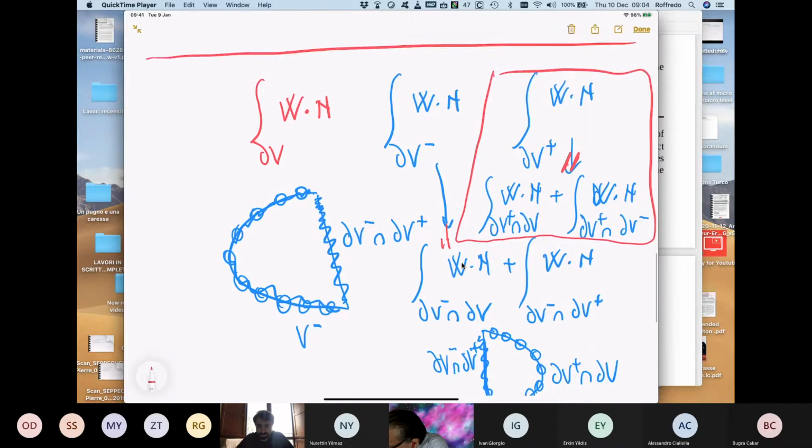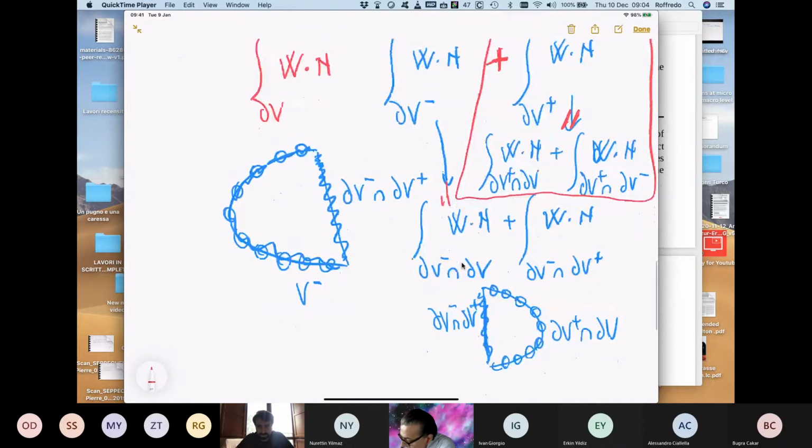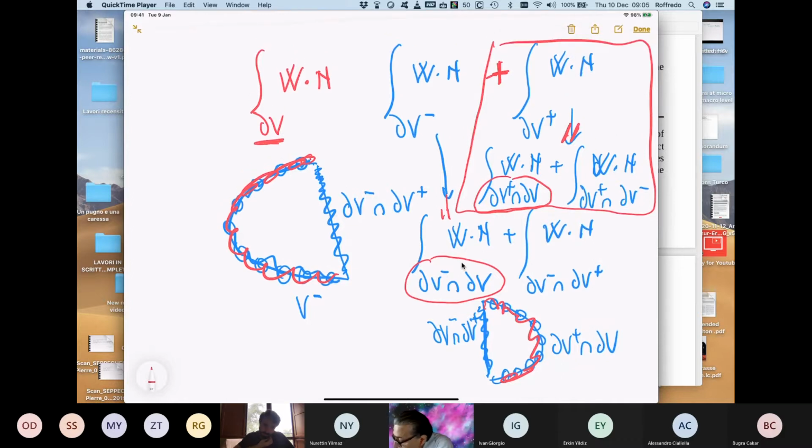When you make the sum of these two integrals, you get dV minus intersection dV union dV plus intersection dV, so this becomes the whole boundary of V, while the outer normal N on this integral, here I should better write N plus to make the difference, and here I should write N minus.